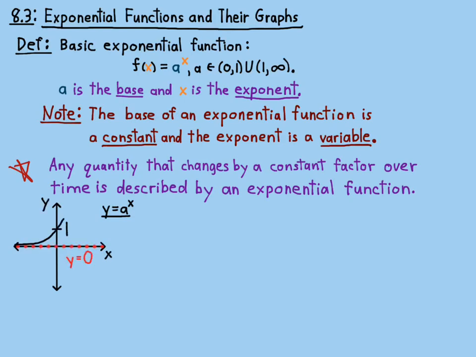So anyway, the graph looks like this. This is if a is larger than 1. In other words, it's in the interval 1 to infinity that you see up here. If a is in here, it looks like this. We call this exponential growth, because you always read left to right. It's growing.